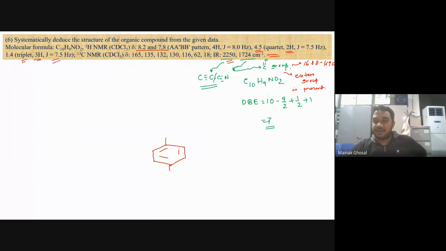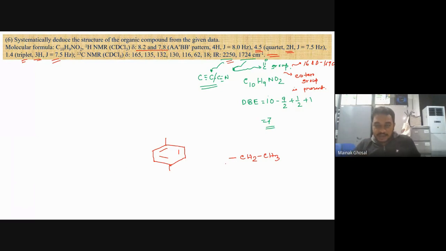So the coupling constant is the same, and this pattern clearly indicates the presence of an ethyl group. Finally, you have to give the values and match them. For the first simple case I am just doing the prediction.